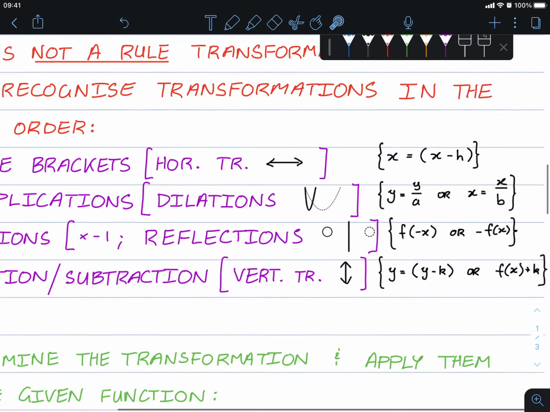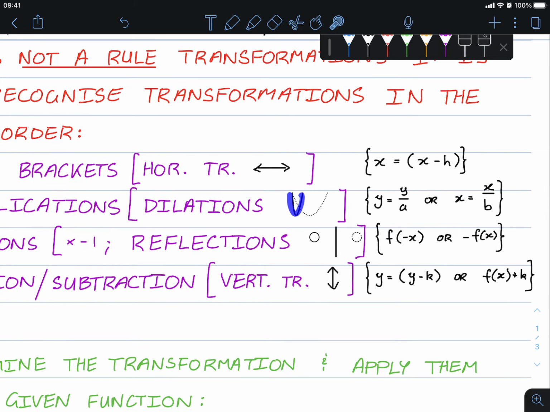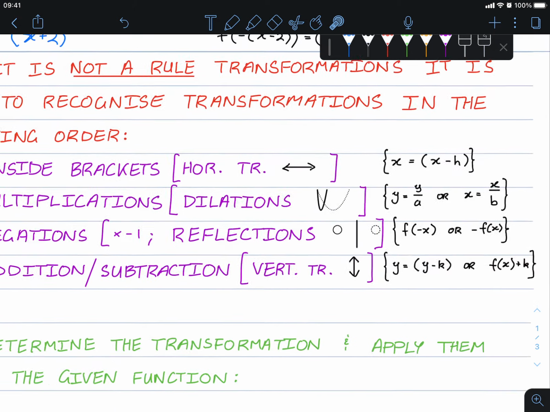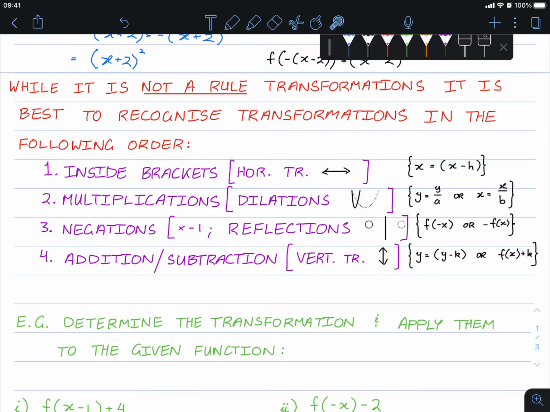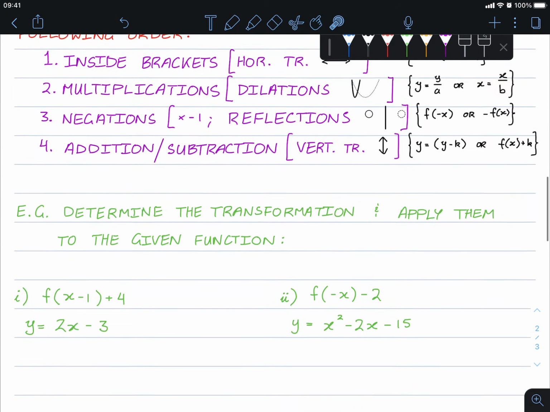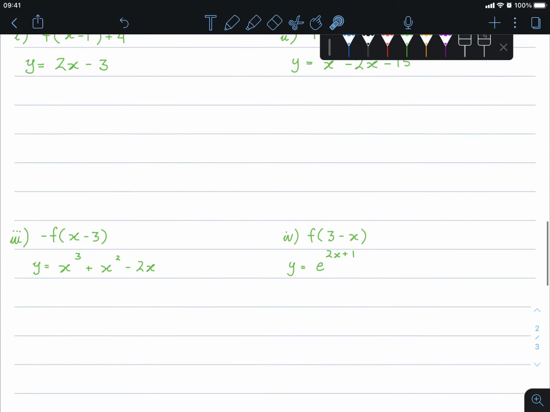So dilations, as we've seen in the previous video, we can stretch the function. Negations, so reflecting on the y-axis or reflecting on the x-axis. And lastly, just any final addition or subtraction to the entire function itself. So I'll demonstrate to you using these 4 examples here.